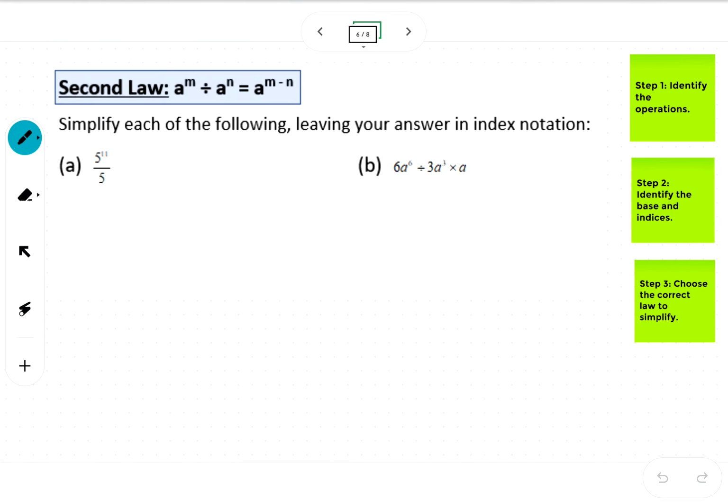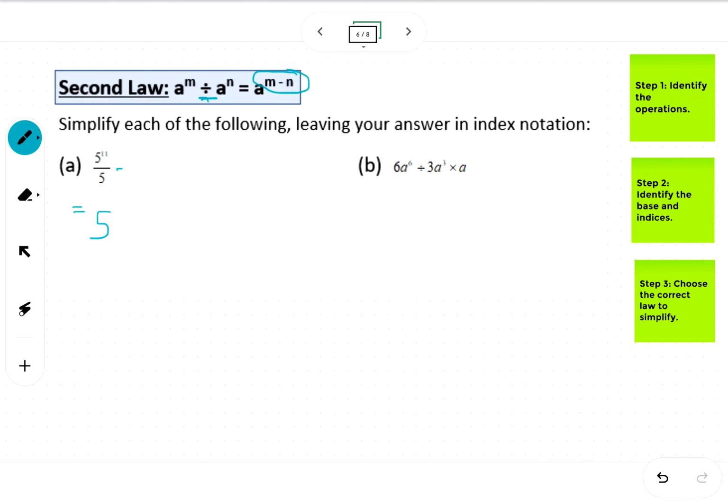Okay, question A. Step number 1, identify the operation. Here it is a fraction. Fraction also means divide. So if you see divide, it means you need to subtract the indices.